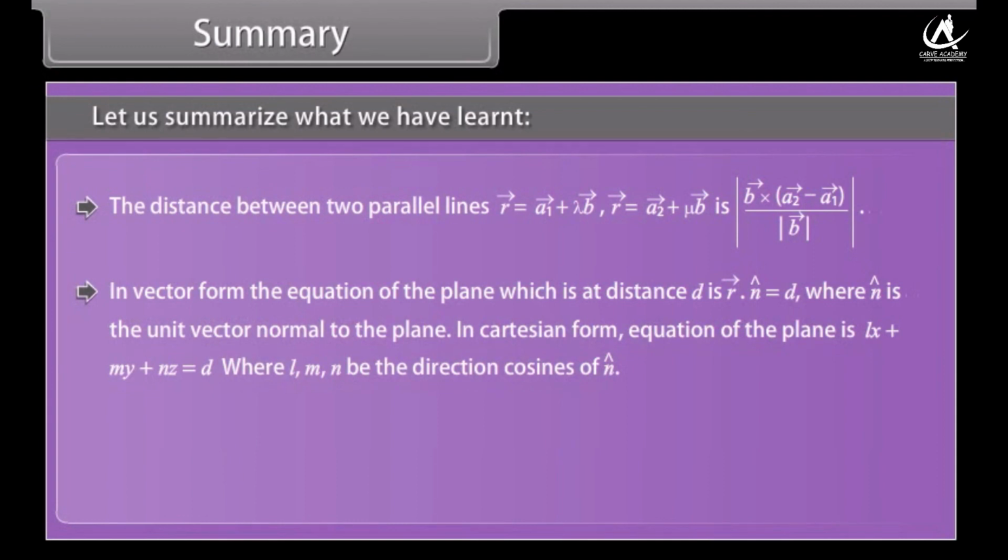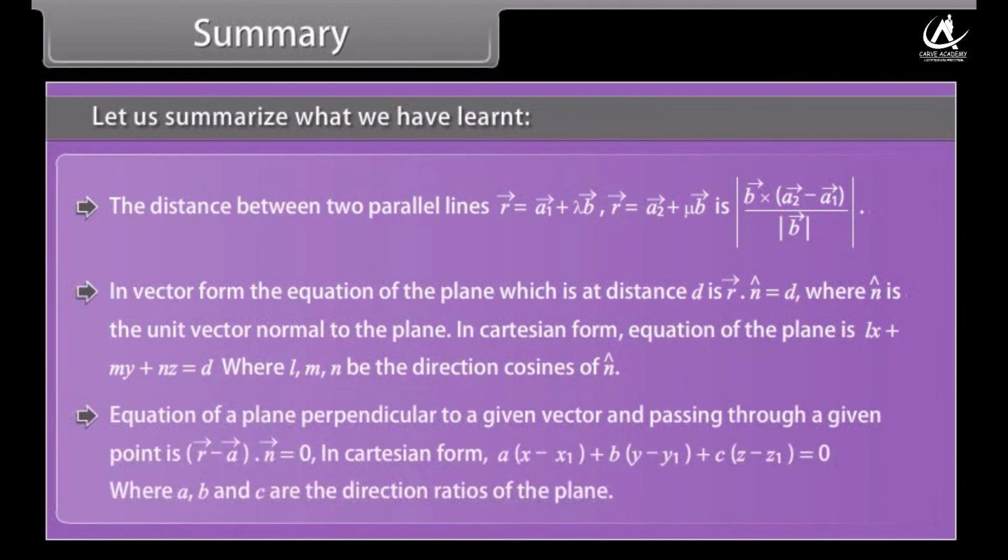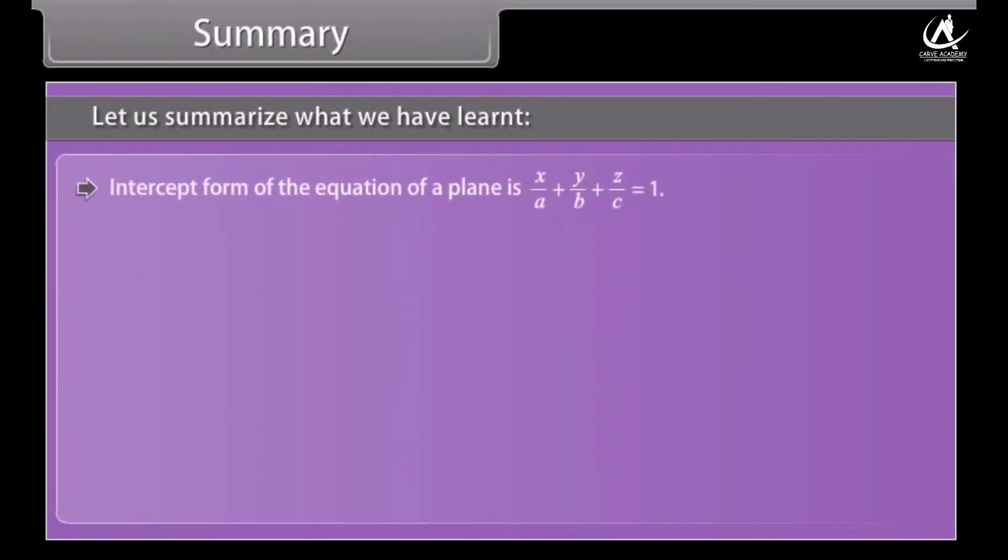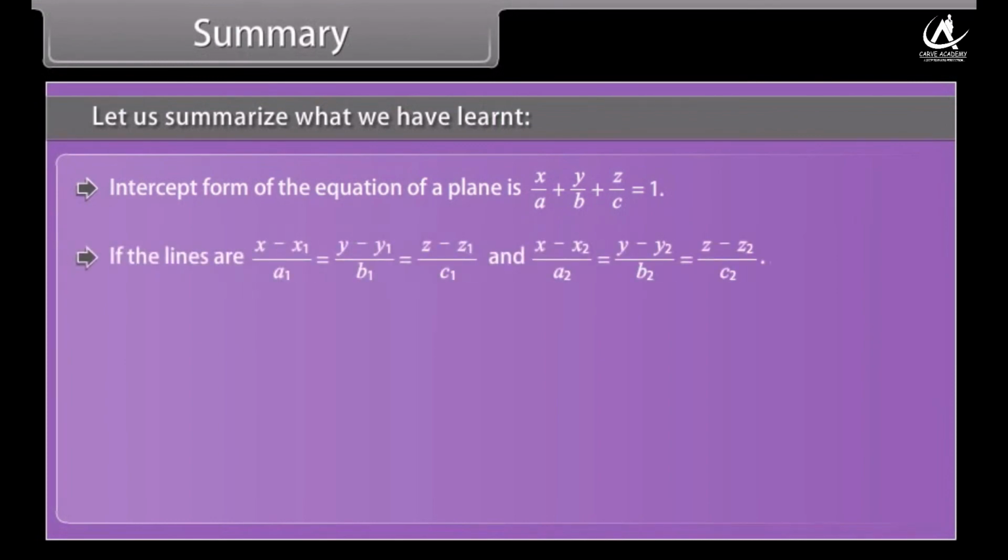In Cartesian form, the equation of the plane is given by the formula, where L, M, N are the direction cosines of cap N. The equation of a plane perpendicular to a given vector and passing through a given point is given in Cartesian form, where A, B, and C are the direction ratios of the plane. The intercept form of the equation of a plane is given.